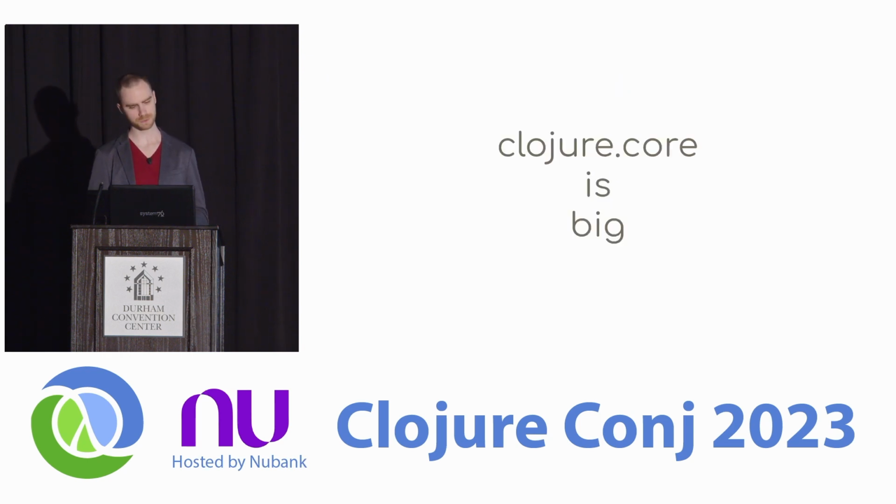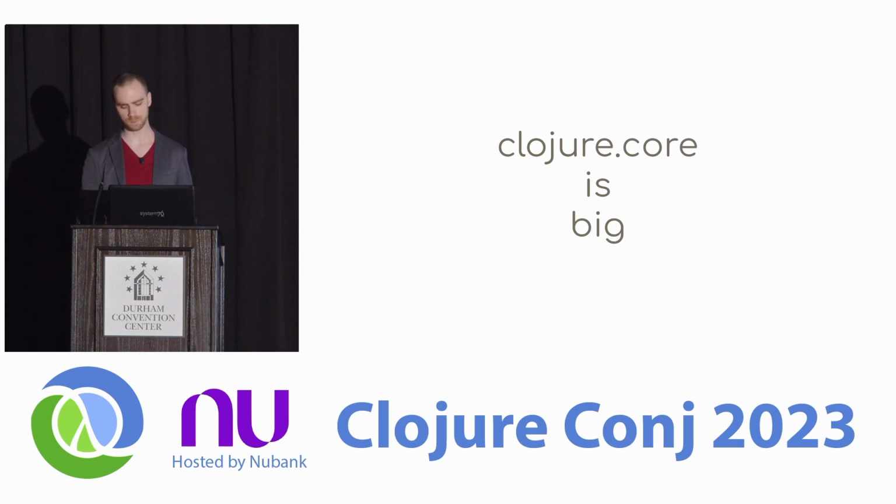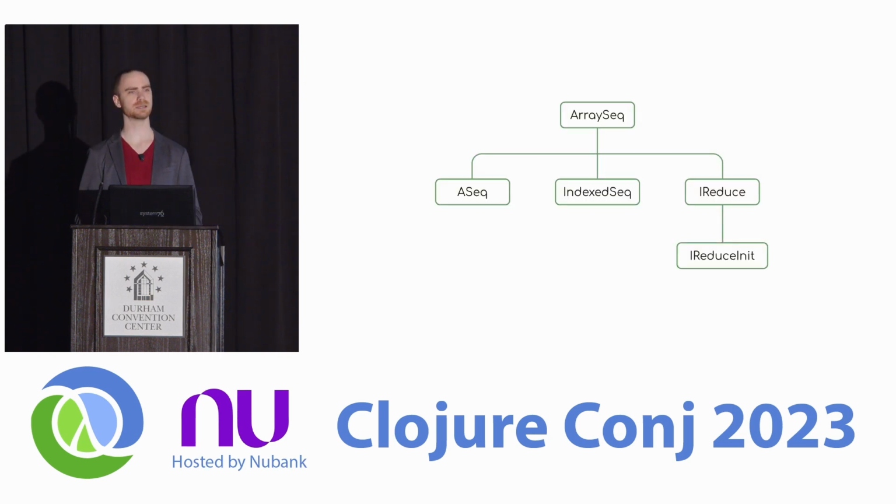So Clojure is big, but it's not just about implementing defs and defns inside of clojure.core either, because there's the whole object model, the whole class hierarchy that exists as part of Clojure. Let me give you an example. ArraySeq is a sequence in Clojure that's quite prominently used. I think the most prominent case is probably for packing the arguments to a rest function or a variadic function, right?